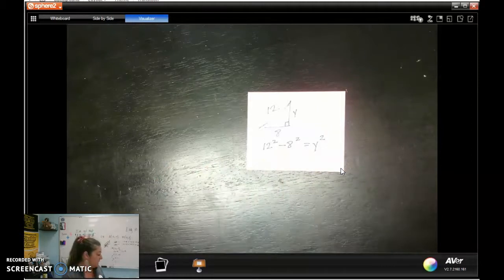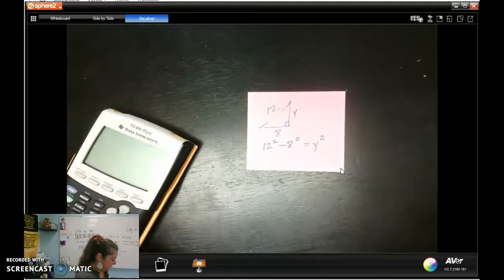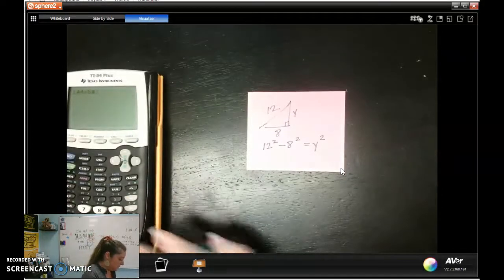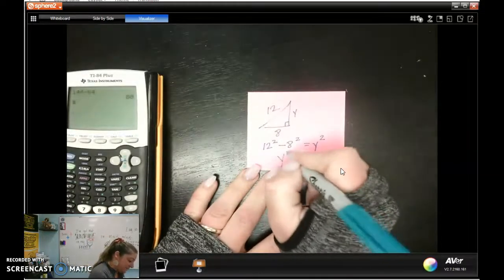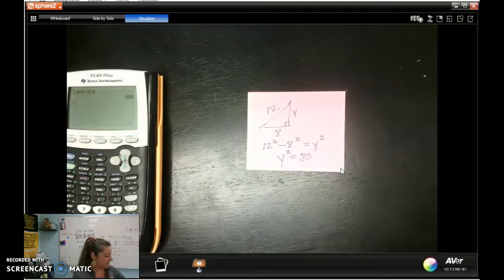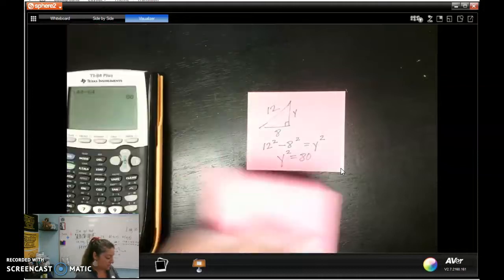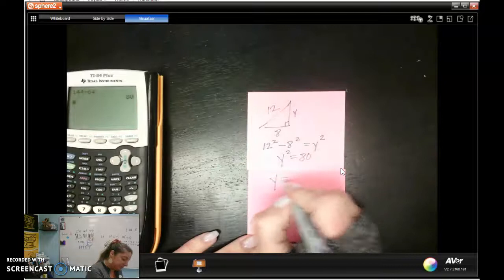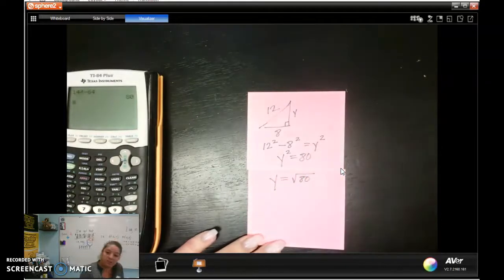If I get my calculator that you need today like no other, 144 minus 64 is 80. And here's what's going to change for us a little bit today. Instead of doing the square root of 80 and getting a decimal, we're actually going to simplify this radical.